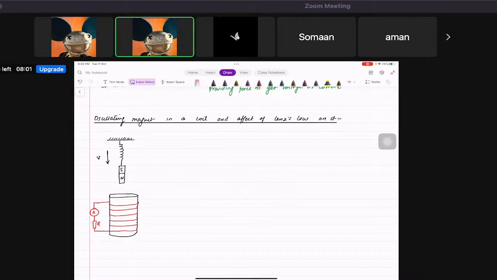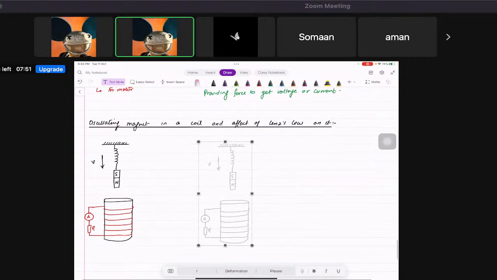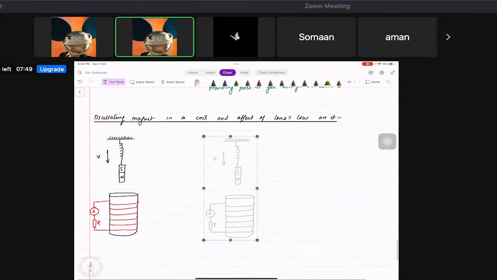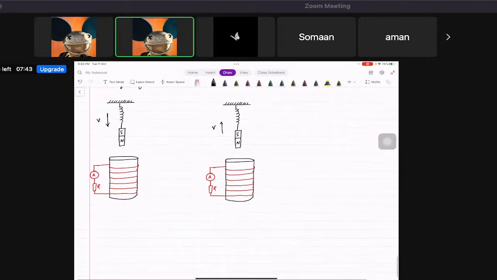On the other case, let me just copy this. So if the movement is upwards, like this, these are two different concepts.